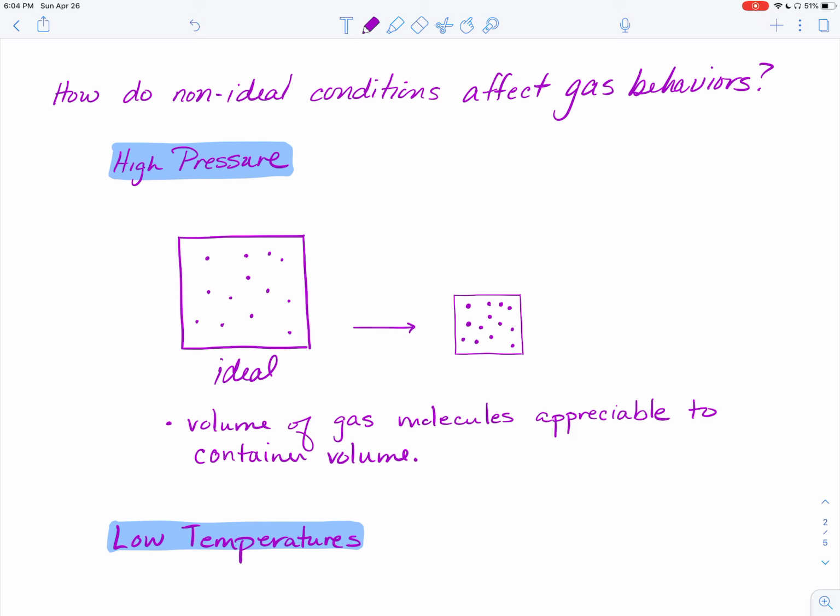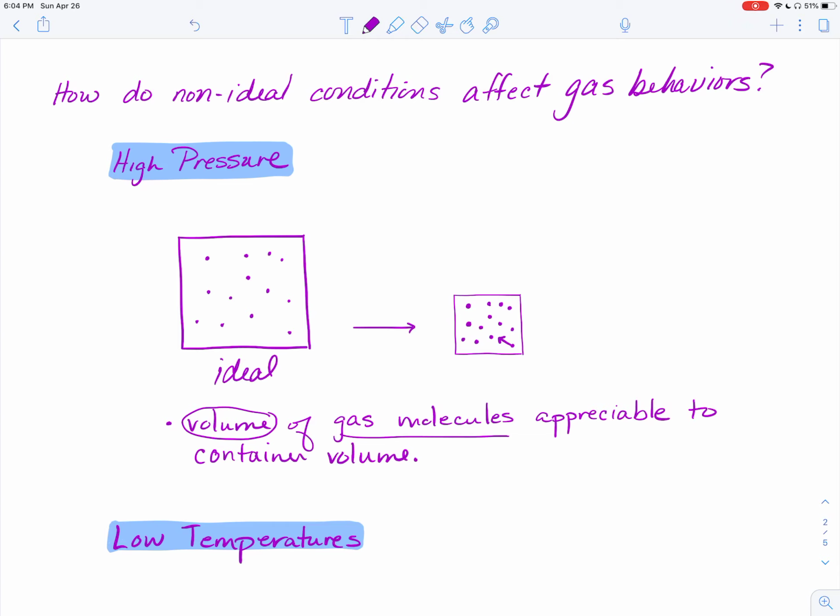If the pressure gets high enough and you're compressing that gas hard enough, the volume of the gas molecules themselves starts to become appreciable. Say this molecule here is trying to travel through the container.